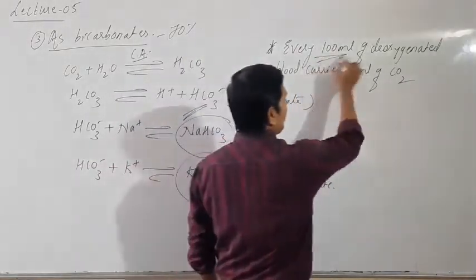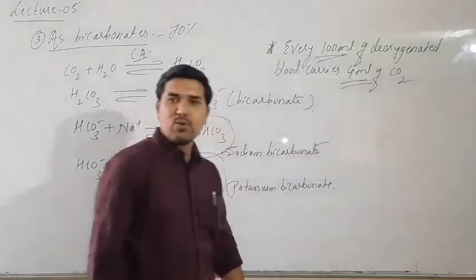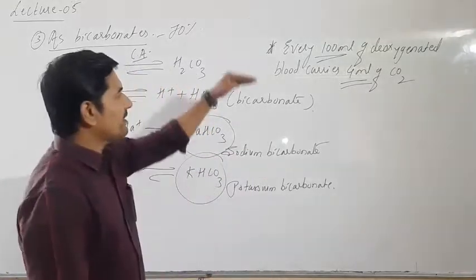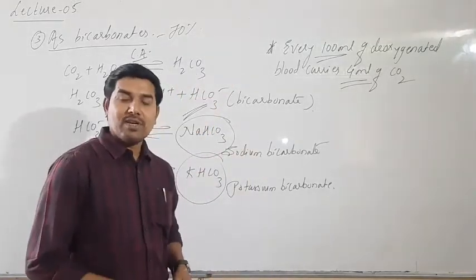Okay, so 100 ml of blood will carry how much? 4 ml of CO2 to the lungs. Okay, which already we have discussed in the previous session also. Okay, so this is regarding the part of transport of carbon dioxide.